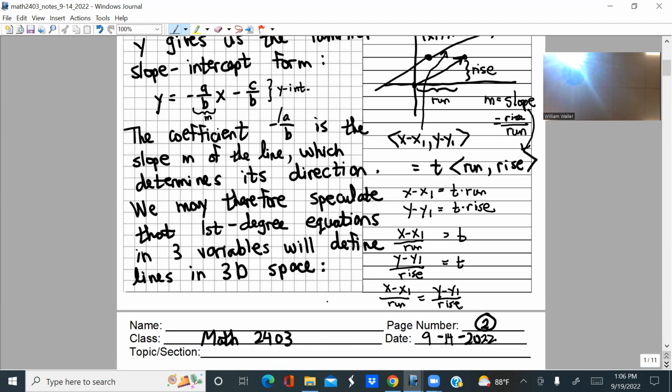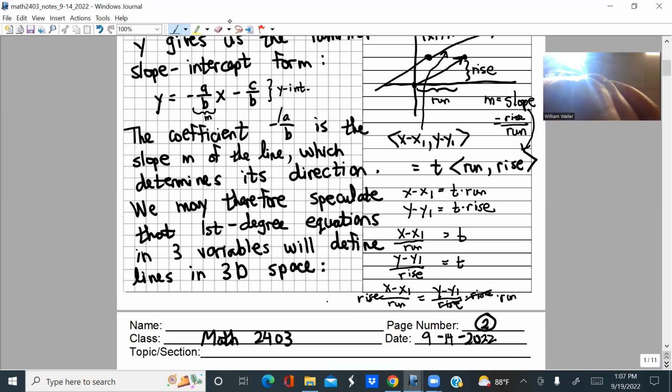Now, I want to rewrite that equation a little bit. Let's see what I'm going to do here. I'm going to start by eliminating this rise, so I'm going to multiply both sides by the rise. Let me see if I'm doing this right.